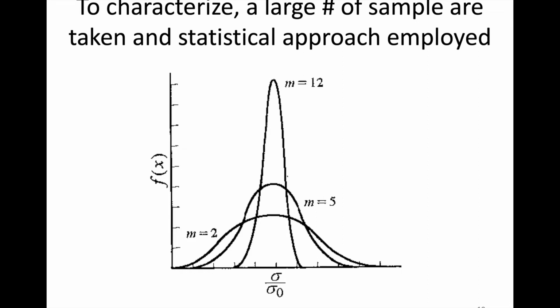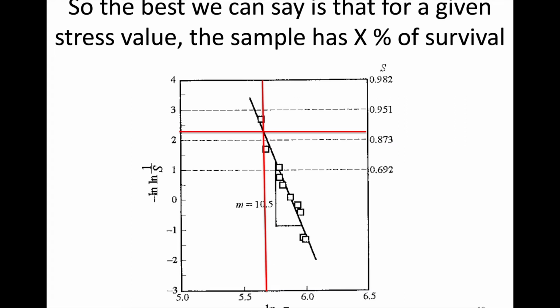So what we do to characterize this is, instead of being able to test just a few samples, we need a rather large sample to be taken, and then we're going to use a specific statistical approach to analyze them. Basically this approach will allow us to say, at a given stress value, what is a random sample's chance of survival.